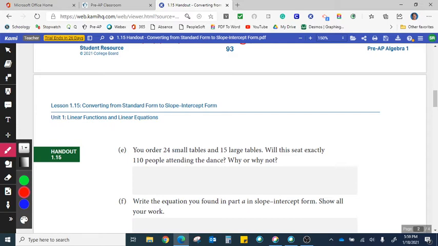All right, so it says here, you order 24 small tables and 15 large tables. Will this seat exactly 110 people? Okay. So 24 small and 15 large. It's very simple. All I have to do is plug those into my formula. I'm going to use that formula again. Remember, my formula was 2s plus 4g equals 110.